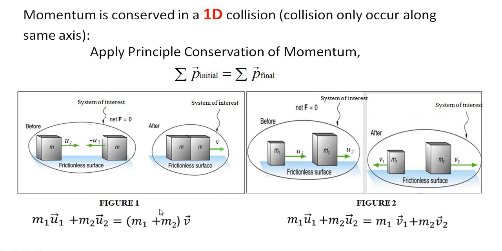Here is the equation for conservation of momentum. Example 2 shows two objects moving with their own speed in the same direction, and after the collision both objects are moving in opposite directions. By applying the principle of conservation of momentum, we get this equation for this system.